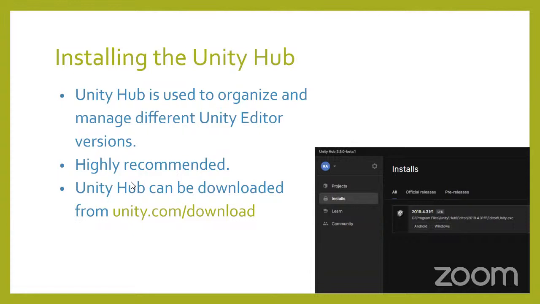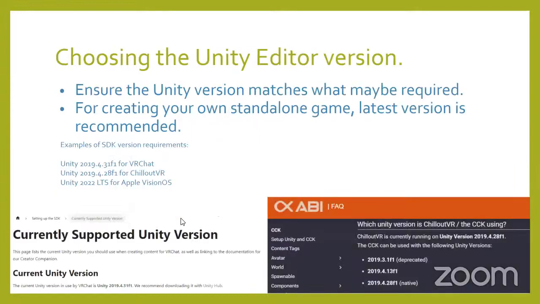It is highly recommended to use Unity Hub because it makes it much easier for you to organize your projects, and oftentimes you might need to use different Unity versions for different projects. This can be downloaded from unity.com/download. Available on both Mac and Windows, I believe.